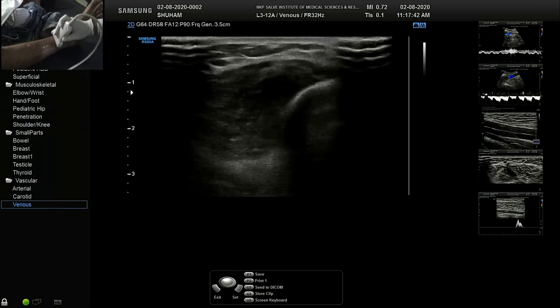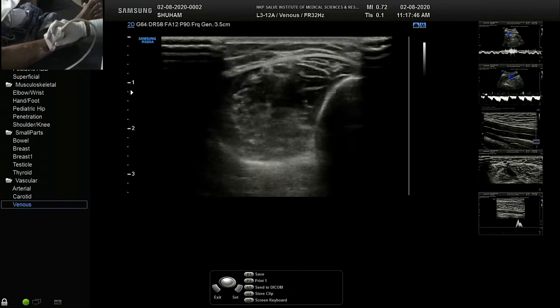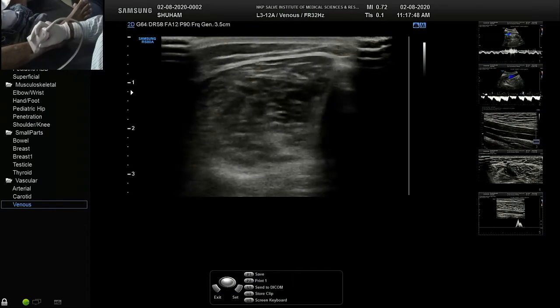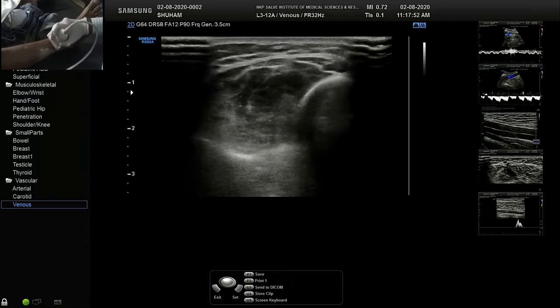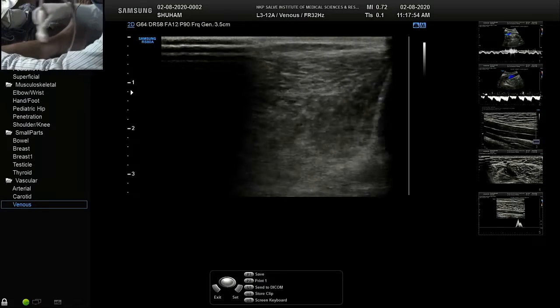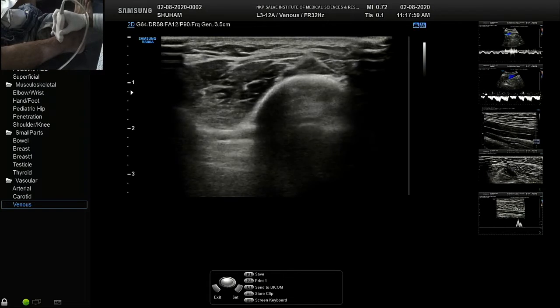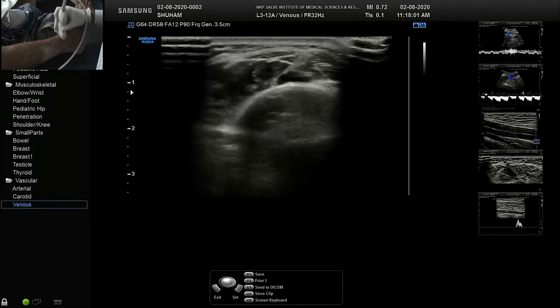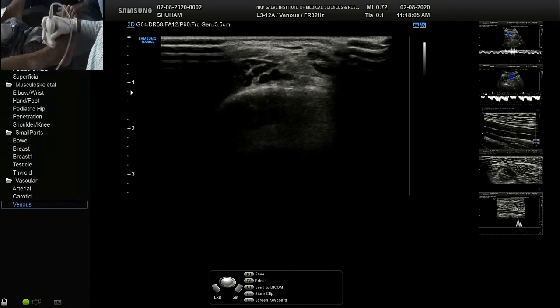Coming to the anterior tibial segment, this is just lateral, and at the level of the ankle joint, the tibial veins and artery are anterior.